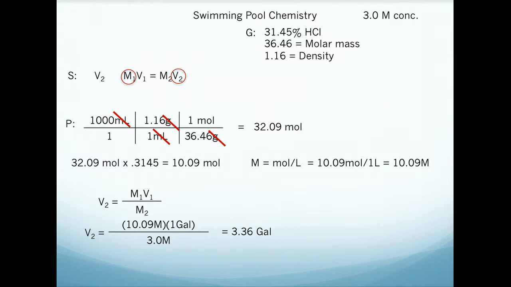But we have to remember we're starting off with 1 gallon already of the acid. Our final volume needs to be 3.36, so we're going to subtract that 1 gallon and have 2.36 gallons of water that we're going to use to bring this to a 3 molar concentration. So what I'm going to do is take one of my empty chlorine tablet buckets.